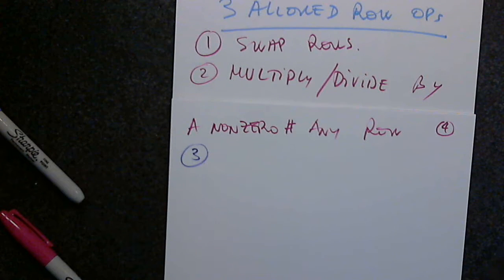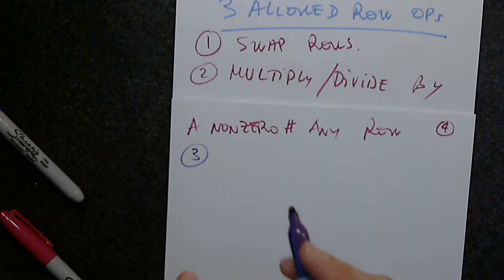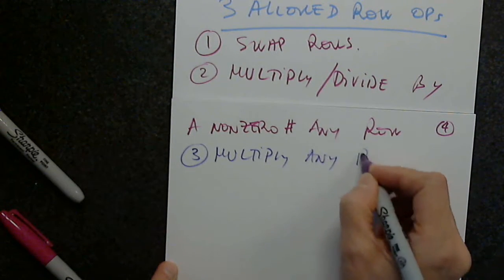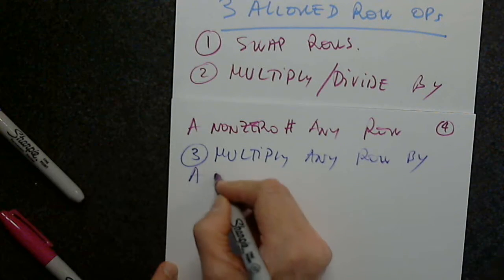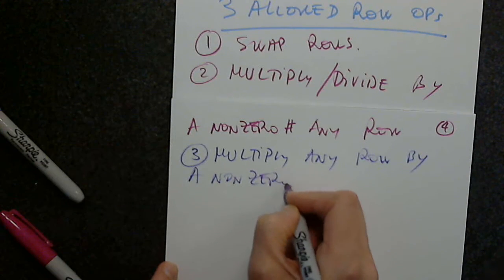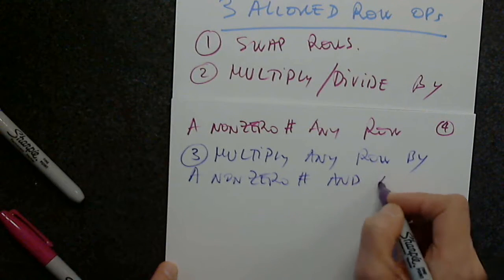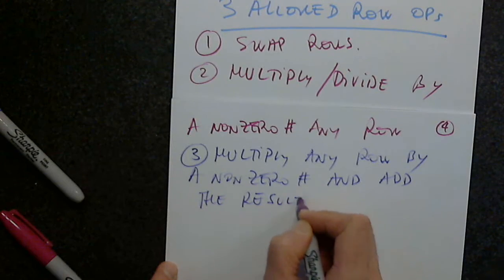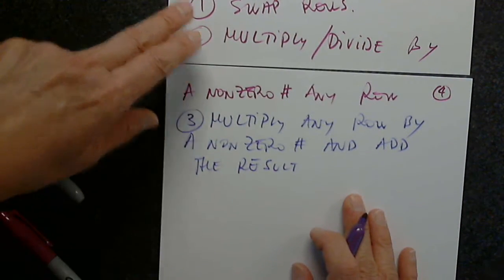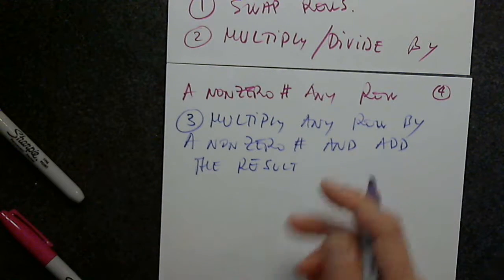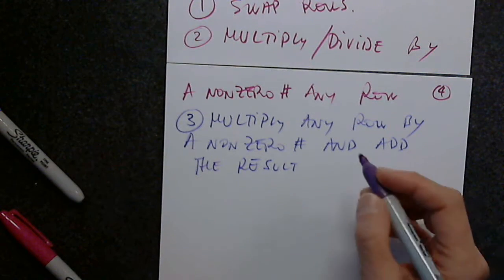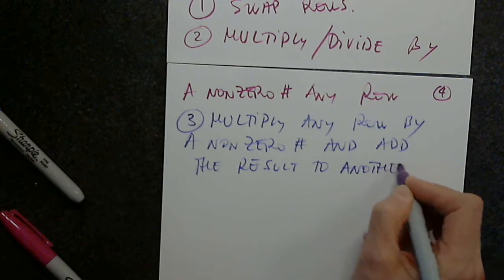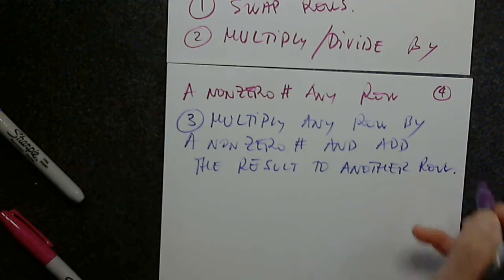So that's what we're going to put in writing: multiply any row by a non-zero number and add the result to another row of our choice, of course, if we have reason to do that. You'll see in a moment.